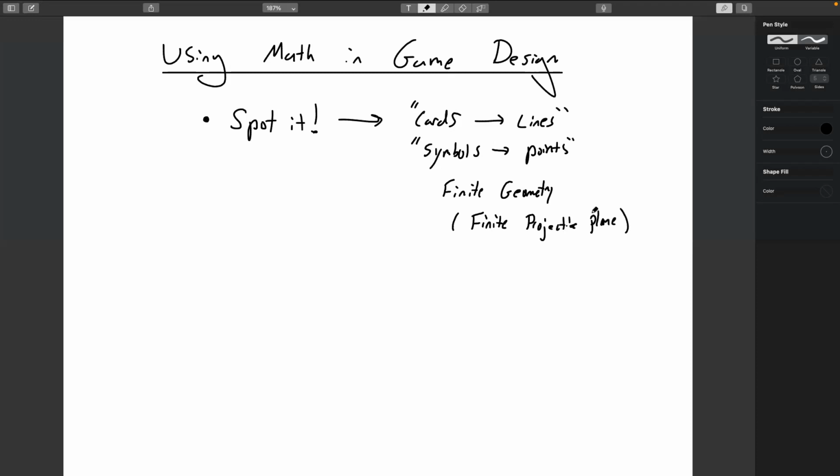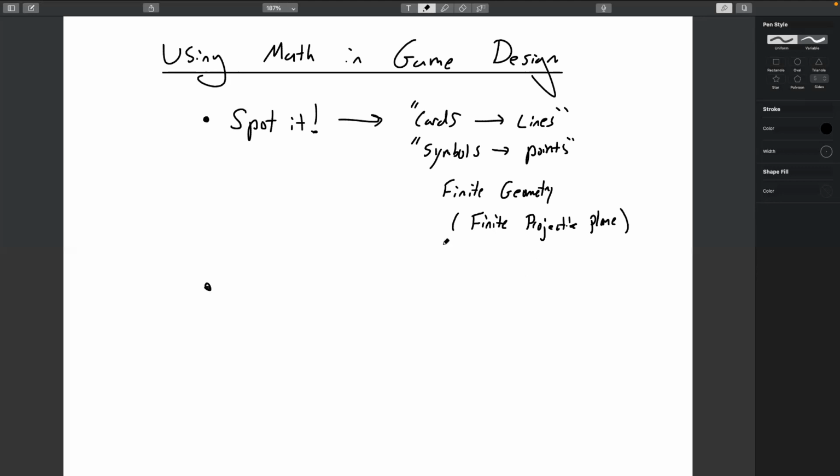The fact that every two cards have one symbol in common is like how every two lines intersect in one point. So it's kind of cool that there's this very precise analogy between cards and symbols on the one hand versus lines and points on the other. You can make that analogy precise, and this whole game, which is a popular game, is actually just doing some finite projective geometry.